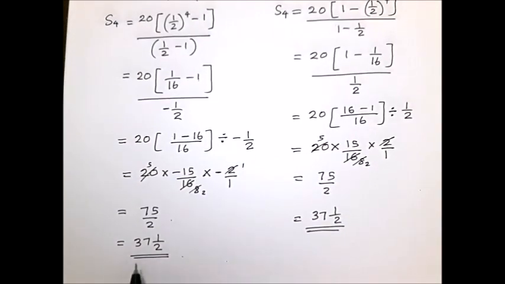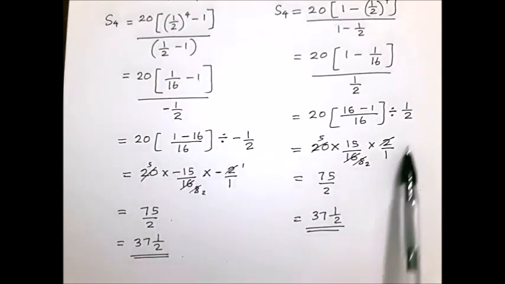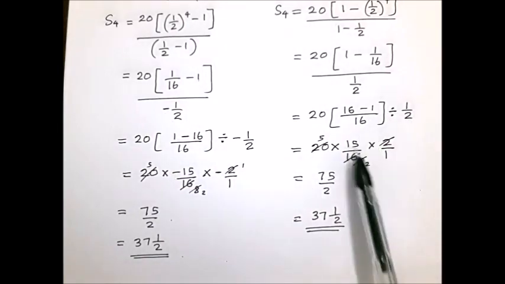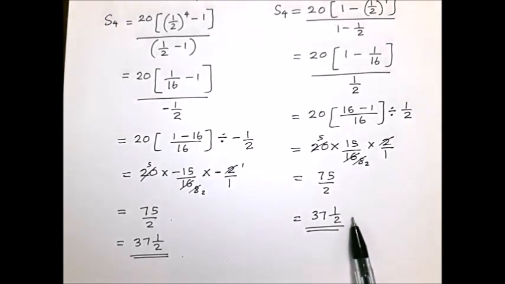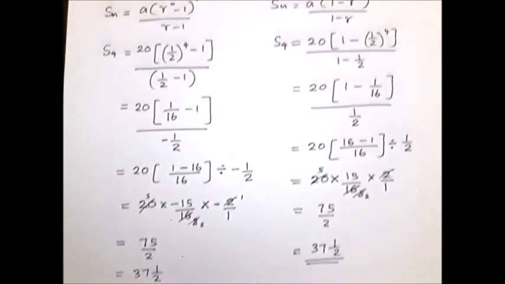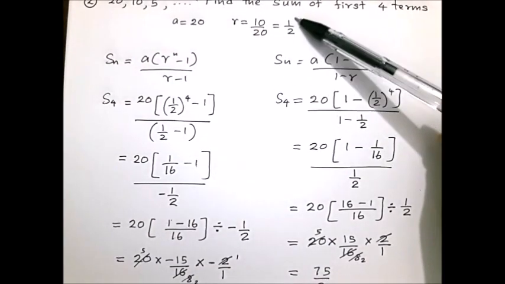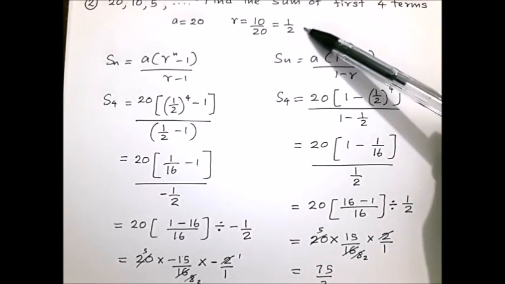Now you can see that with both methods you obtain the same answer. But in this method there are several minus terms. In the second one there are no minus terms when you are simplifying. So the second method is easier than the first one. Here you can see r is a fraction, less than 1.